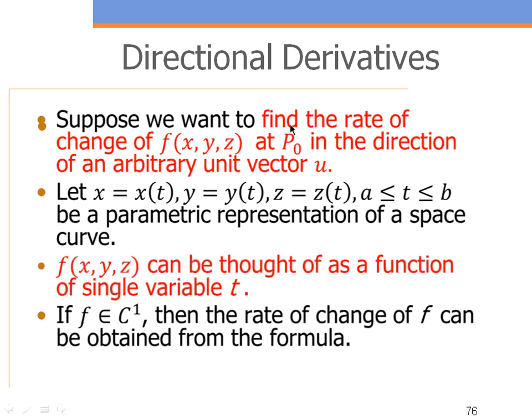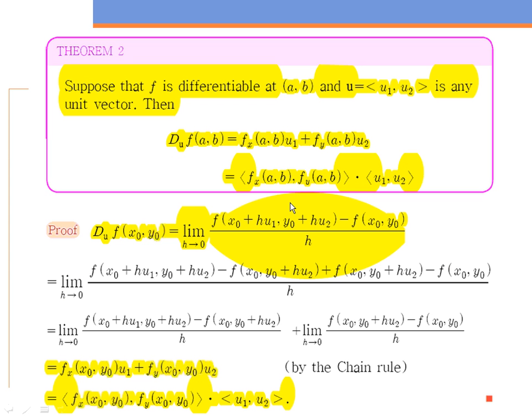This is why we need the directional derivatives: when we find the rate of change of this function at a certain point in certain directions. When we find the directional derivative, we consider this three-variable function as a function of a single variable t when these conditions are given. And the directional derivative can be obtained in this way.